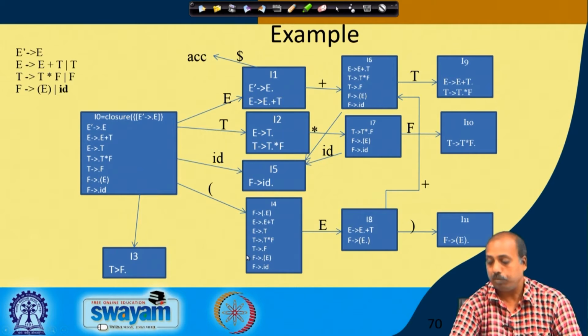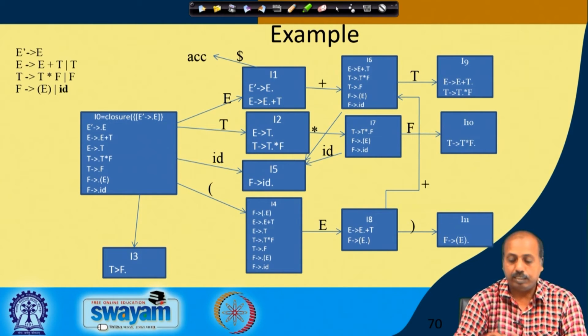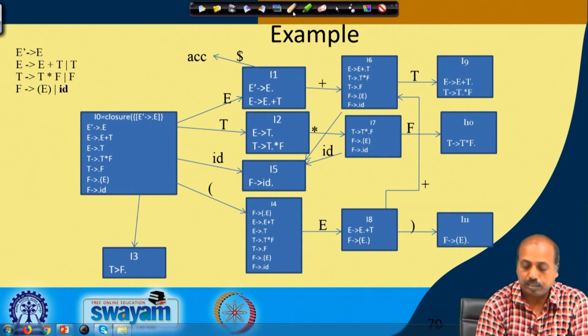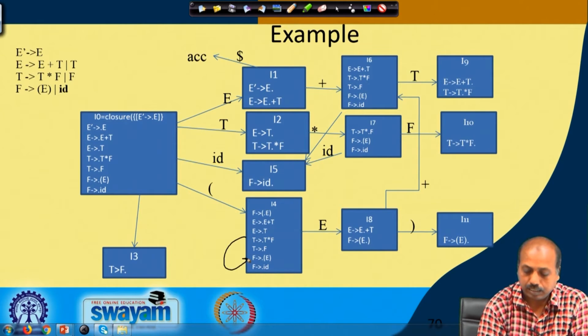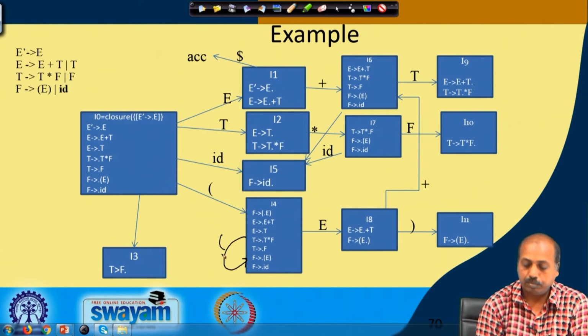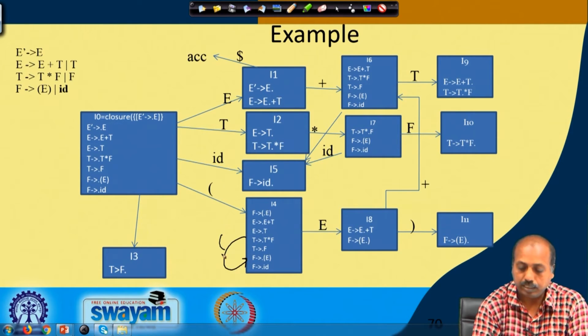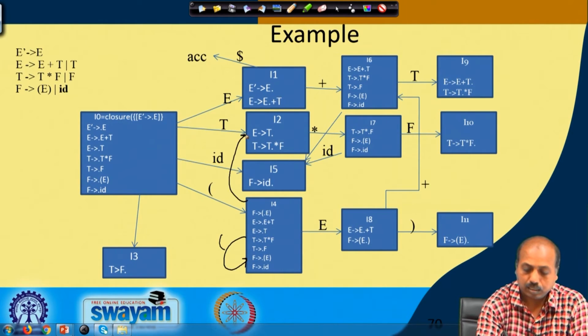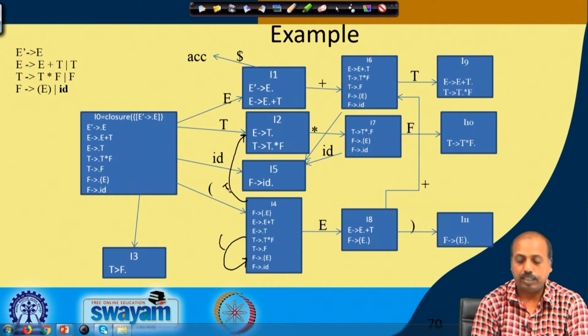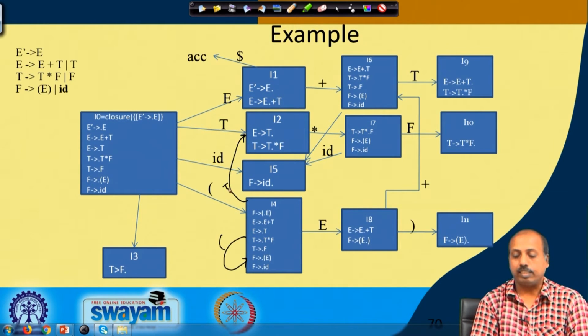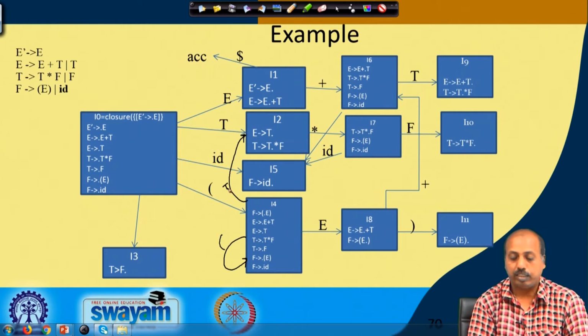If you try to draw explicitly, you can draw these types of transitions, like this. This is on open parenthesis, and similarly this is on T. Like that you can draw other cases, which are not shown here.